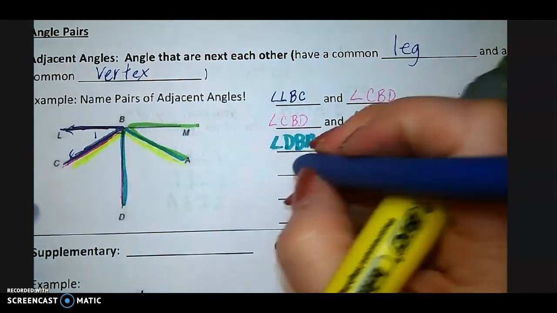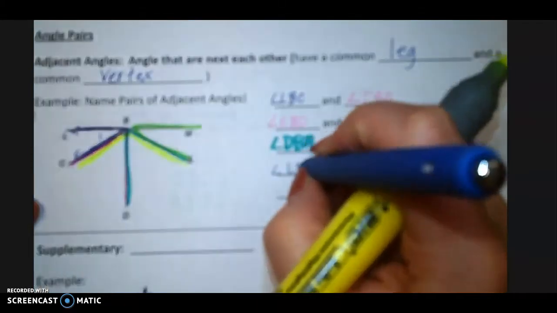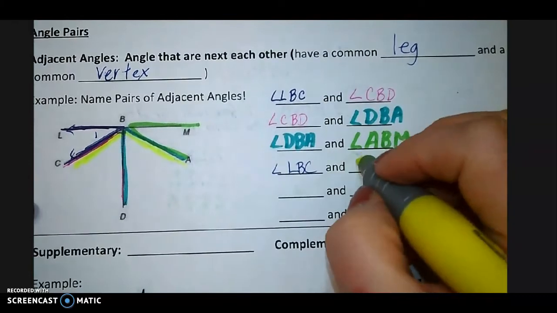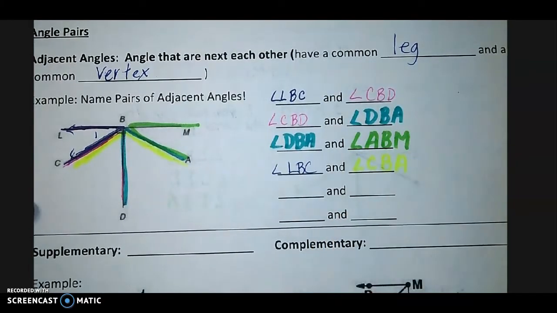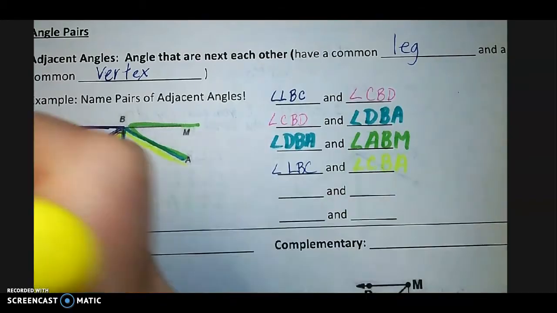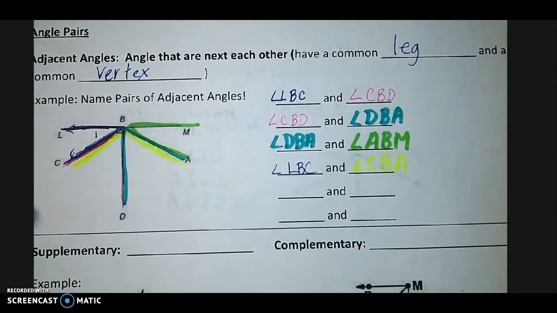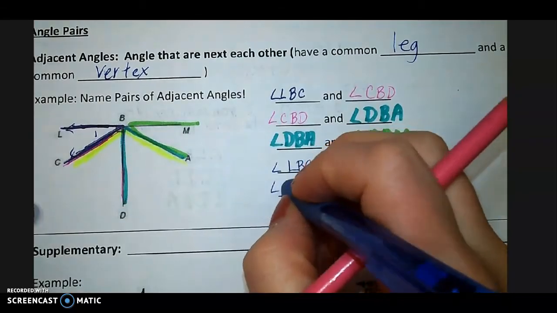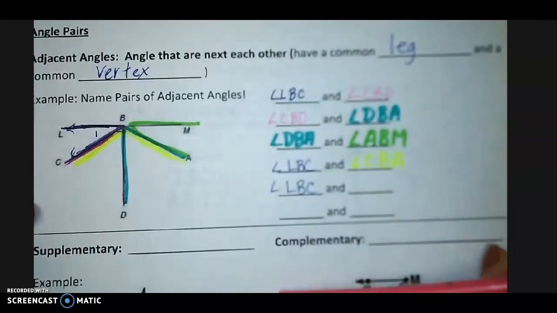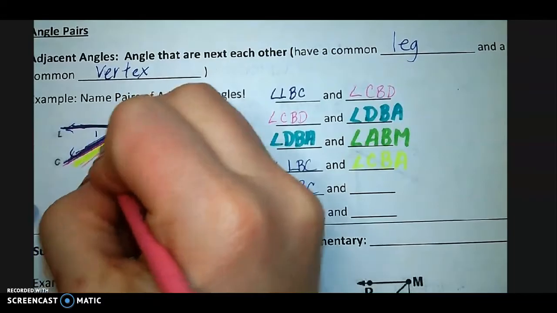So that means that angle LBC is also adjacent to angle CBA. Another one that I could have done as well to LBC is also angle CBM.